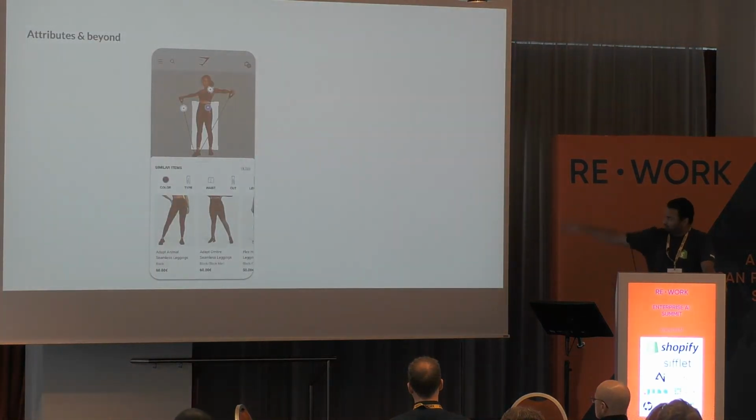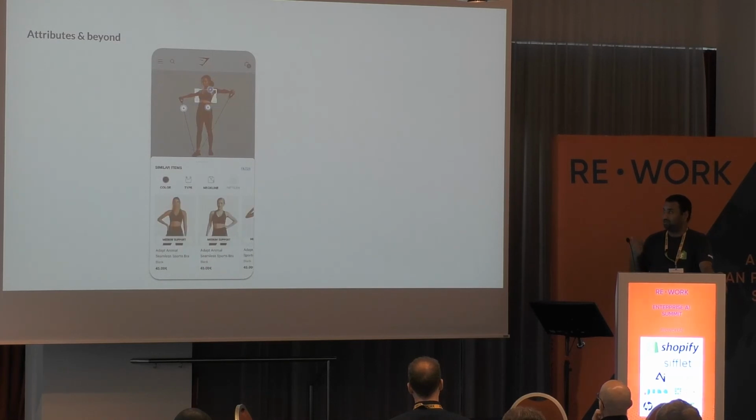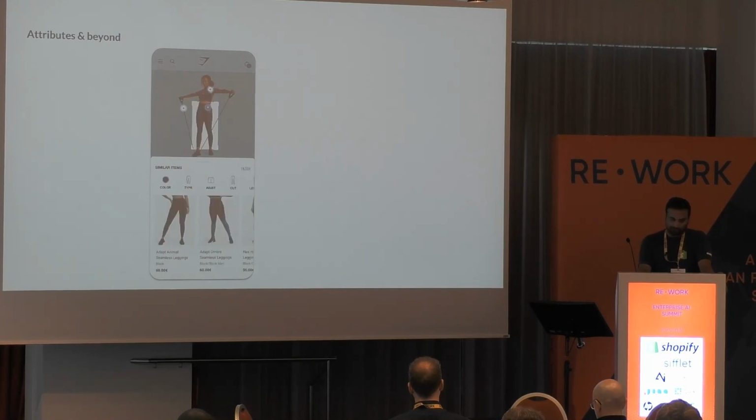One of the things to note about attributes is that a lot of the attributes we're interested in are visual in nature. So for this particular project, we looked only at the images, not the text. And what we identified very early on is that attributes are dependent on the category.